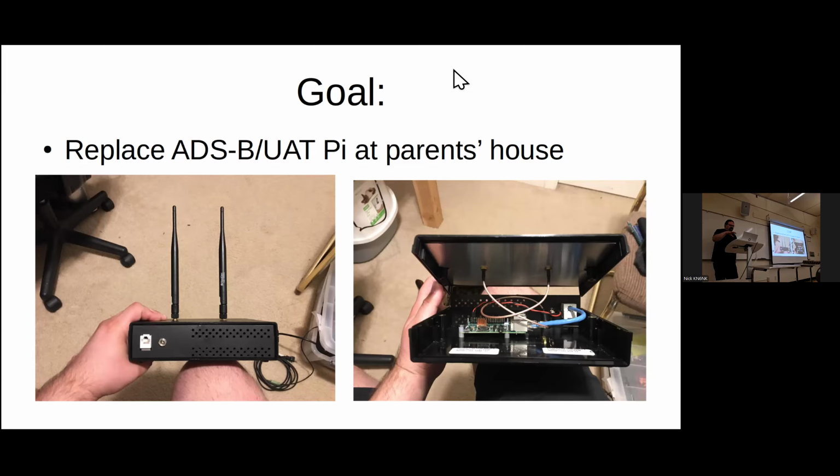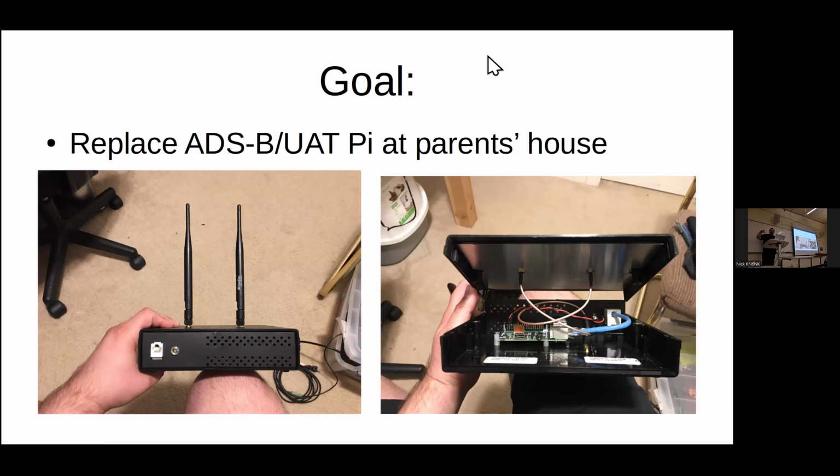Let me describe what ADS-B is first really quick. So with air traffic control, you have primary surveillance radar and you have secondary surveillance radar. Primary surveillance radar is what you think of as radar. You send out a signal, wait for the echo to come back, and based on how long that took, there's the thing this far away.